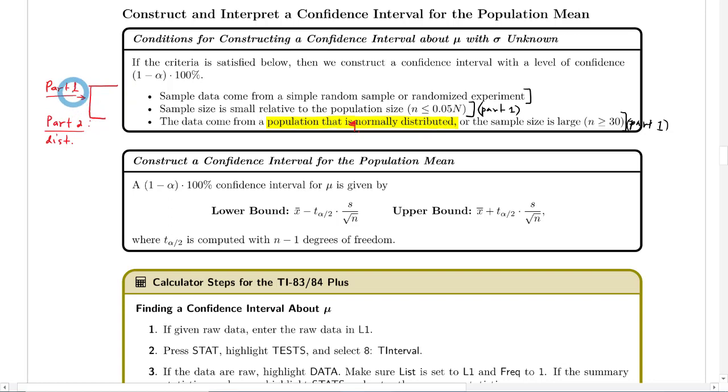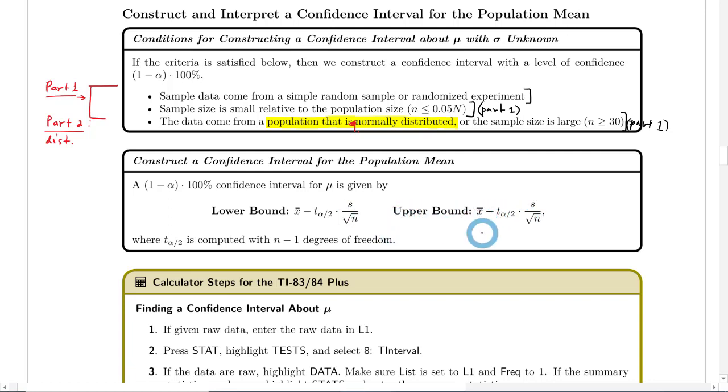Okay, so the formula for the confidence interval is right here. The lower bound is the sample mean minus the t-value from the student t-distribution times the standard error with respect to the sample. And notice it's the same exact expression, but adding for the upper bound.